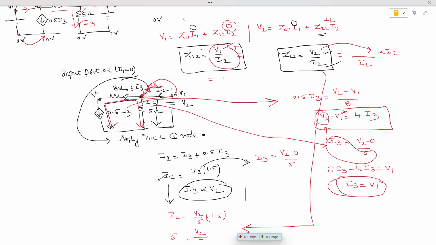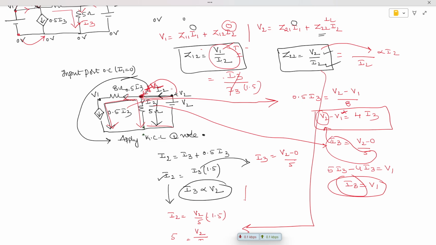What is the value of I1? We can write it as I3. And what is the value of I2? The value of I2 we had already written here. This is I3, so this is nothing but I3 into 1.5 times. So we have got this value.